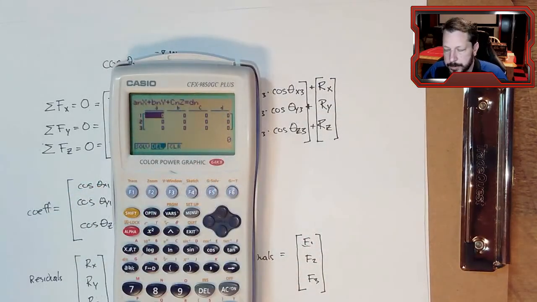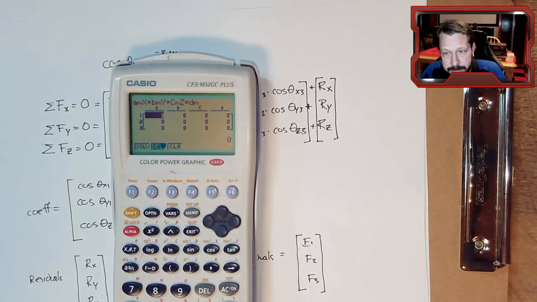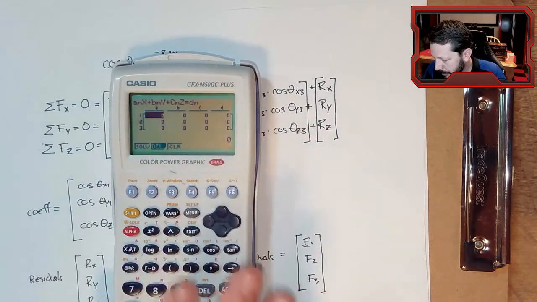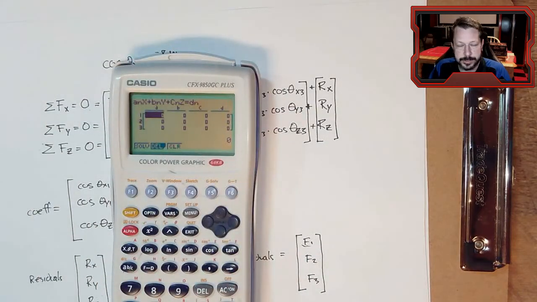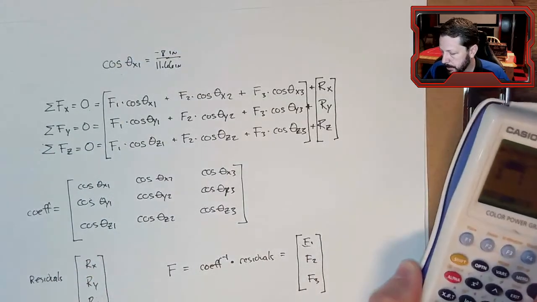And most scientific calculators are going to have a similar system for solving sets of equations simultaneously. Pretty much any scientific calculator can do this with the matrices, just doing the matrix math. You just need to know how to put the matrix into your calculator. So I'm not going to go through the different ways because there's so many different calculators and they all have their own little process.